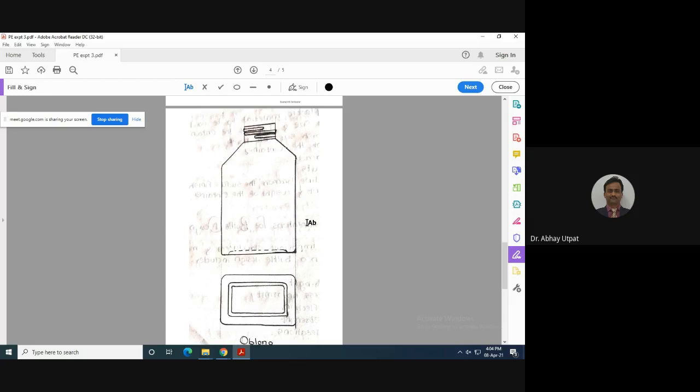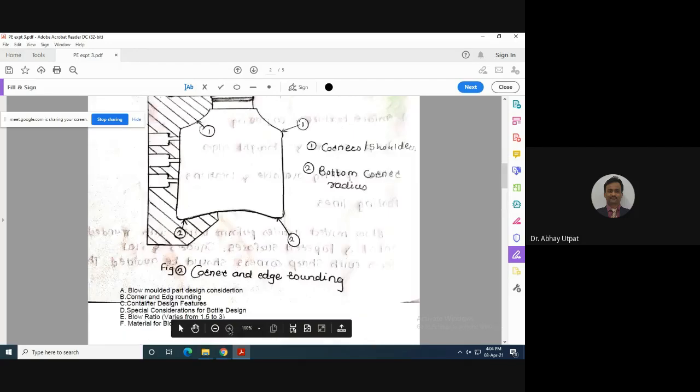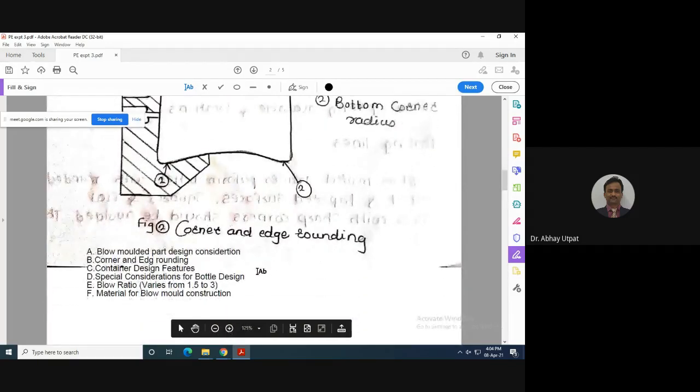So, special considerations for bottle design, which is the next point. Here, point D, special considerations in the bottle design. It includes vertical strength, then wall thickness uniformity, whether uniformity is maintained in the wall thickness, then deflection.